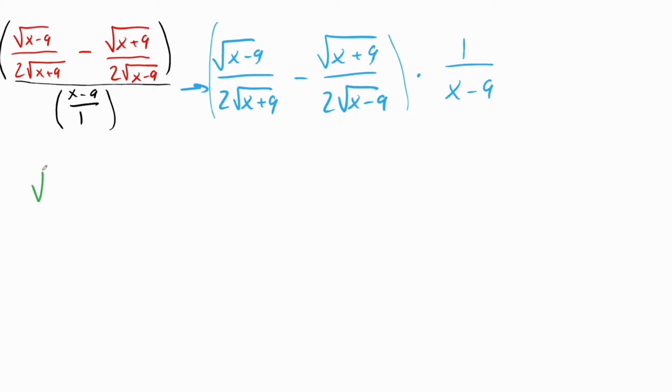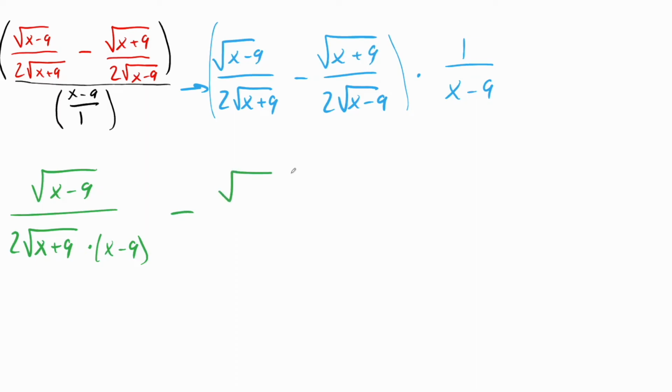So we'll get the square root of x - 9 divided by 2 times the square root of x + 9 times our (x - 9), minus the same thing, the square root of x + 9 divided by that piece, so 2 times the square root of x - 9 times (x - 9).